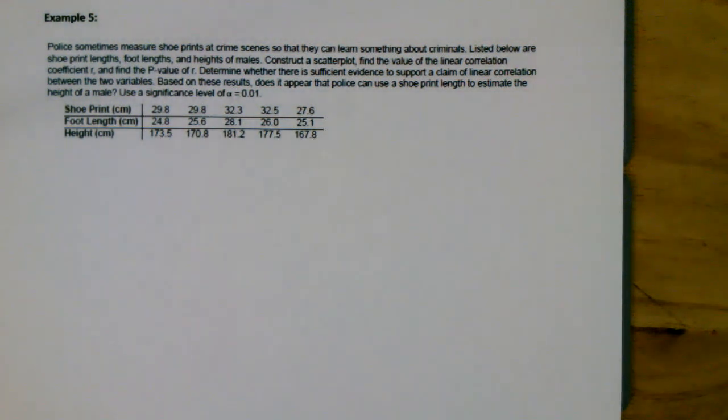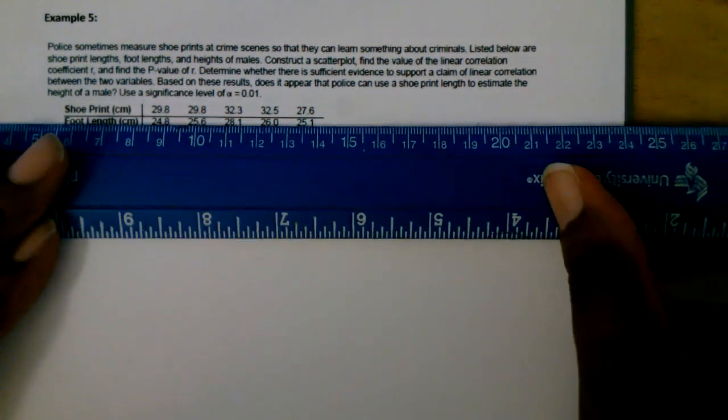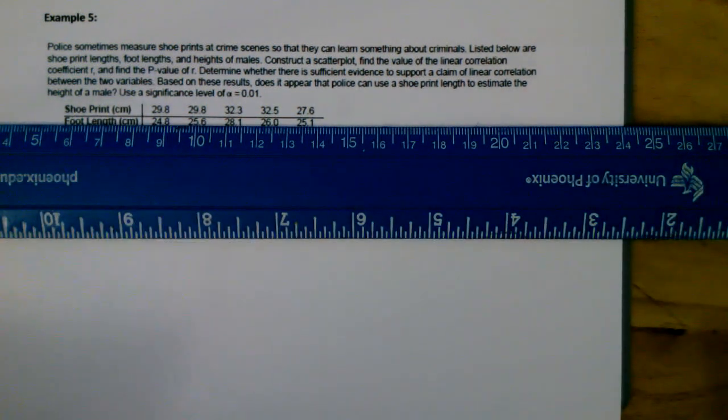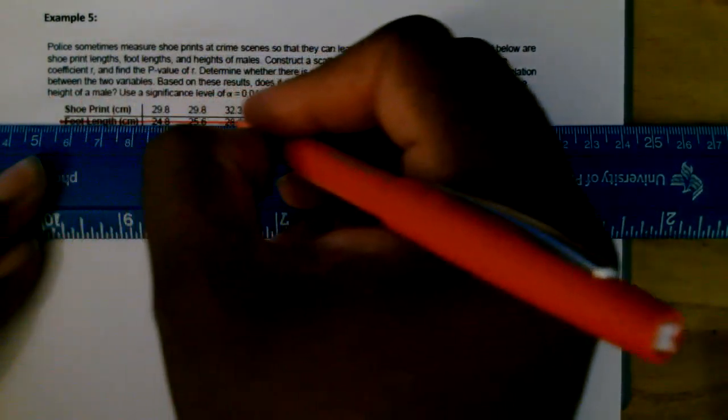Okay, so they're looking at shoe print lengths and height of a male. Now, in this problem, they're giving you the shoe print, foot length, and height, but we're looking at a correlation between shoe print and just the height. So I'm going to cross out this middle row of foot length, okay?